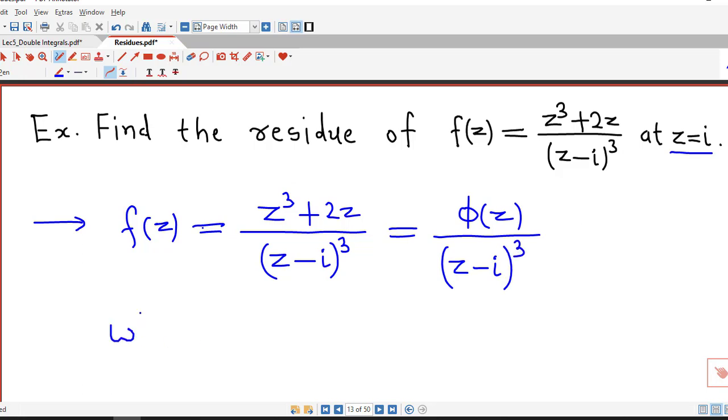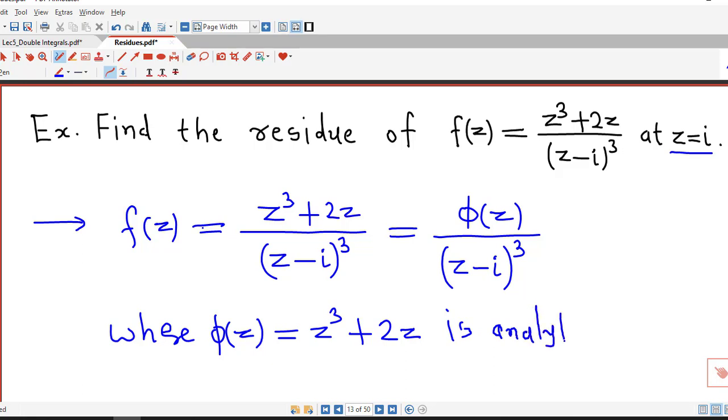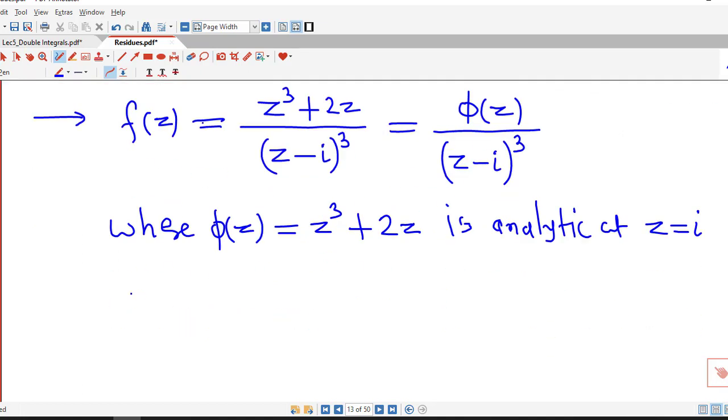So we have to consider phi of z equal to z cube plus 2z, and this is a polynomial function. It is analytic at each point in the complex plane, so it is analytic at z equal to i also, and the value of the function at z equal to i is i cube plus 2i.